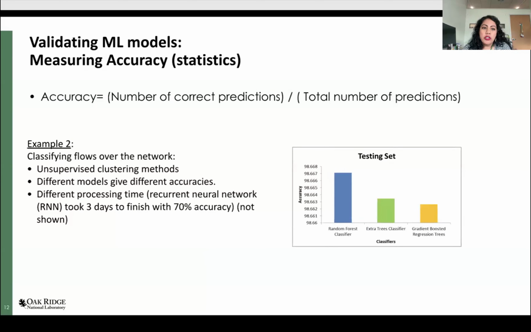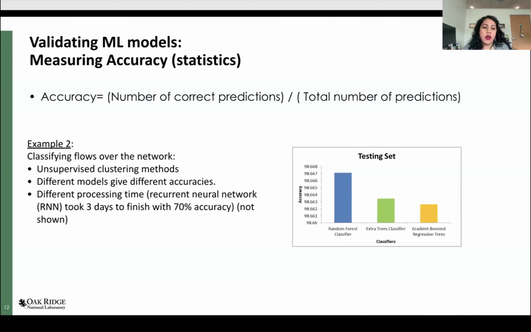So eventually, you also want to make sure how accurate your machine learning model is as well. So this comes under you measuring how well your machine learning is predicting the correct number of predictions. So for example, you can have different machine learning models giving different accuracies on the same data set as well.